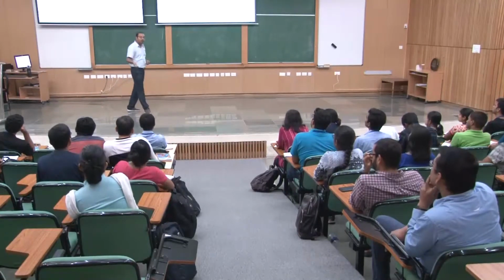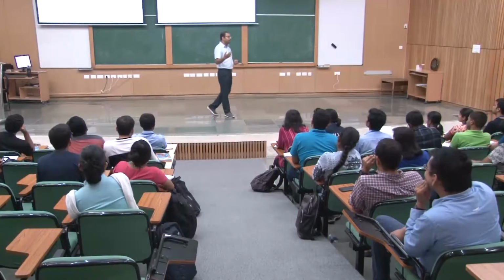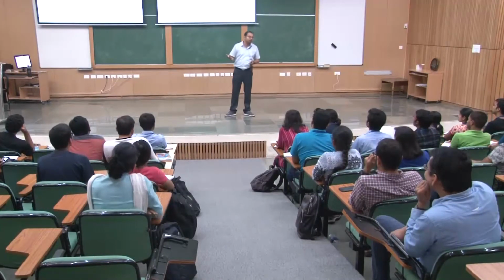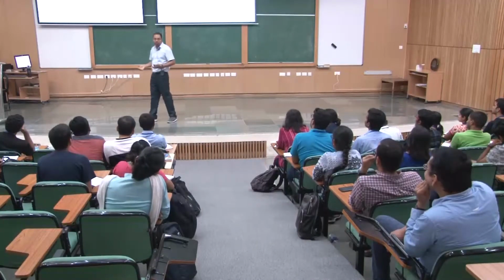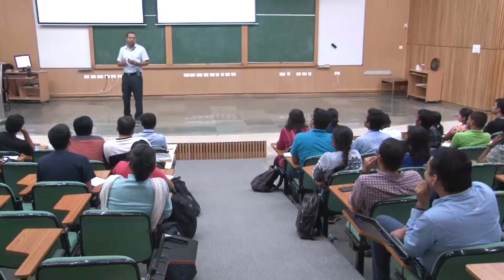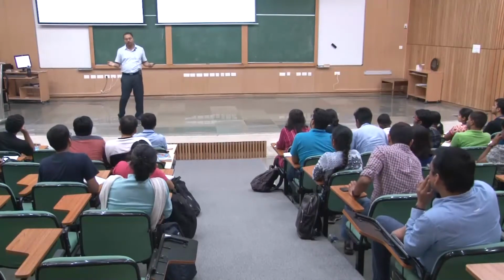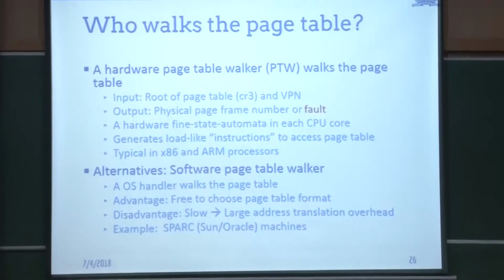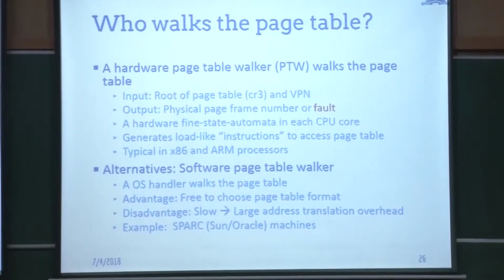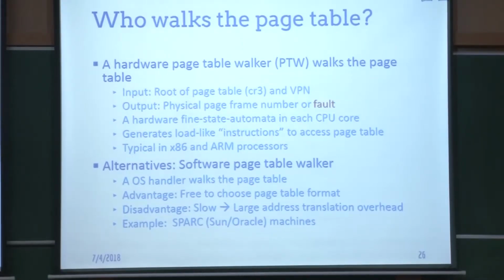But I should mention there are other alternatives where the page table walker is implemented in the operating system, in software. What is the advantage of this? You do not need to agree on the page table structure between hardware and software. Some of the Oracle SPARC, originally Sun SPARC, had software-managed page tables. But the problem is the latency is even more.